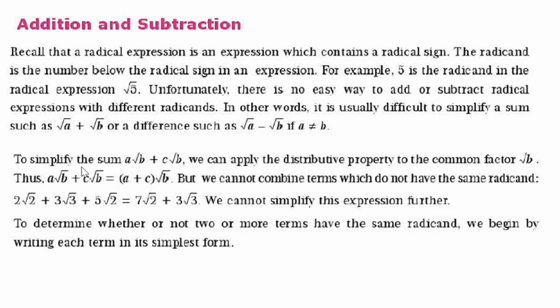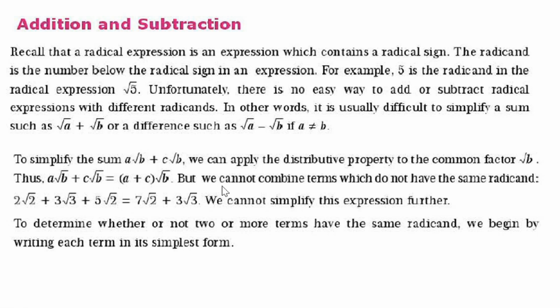To simplify the sum of a square root of b plus c square root of b, we can apply the distributive property to the common factor square root of b. As you can see, the radicands and the indices are the same, so we simply add their coefficients. We have a plus c, square root of b.